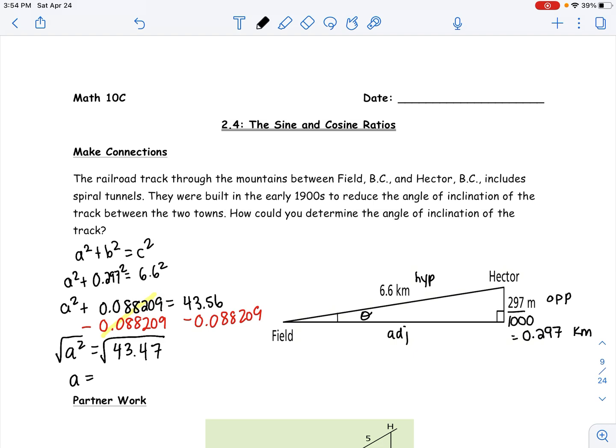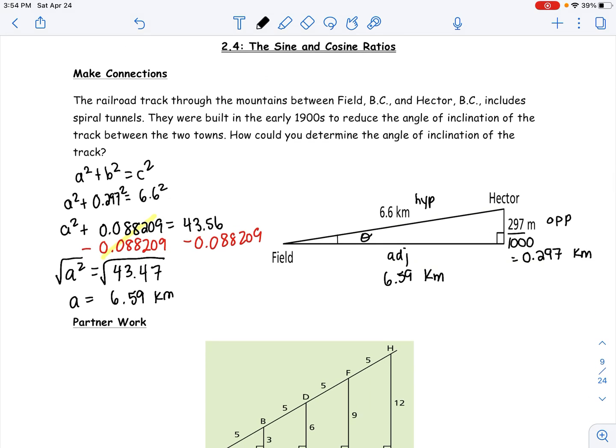So the square root of that number should be about 6.59. And that's in kilometers. So that makes sense, 6.59, which is smaller than 6.6. So it's very slightly smaller. It's not much of a difference, but as long as it's smaller than your hypotenuse, it's still good.